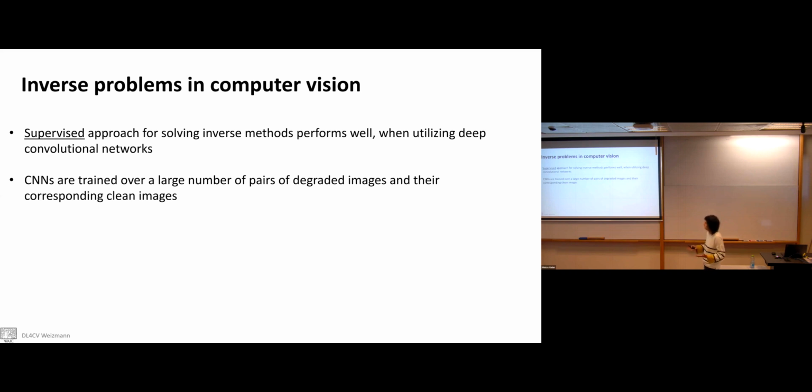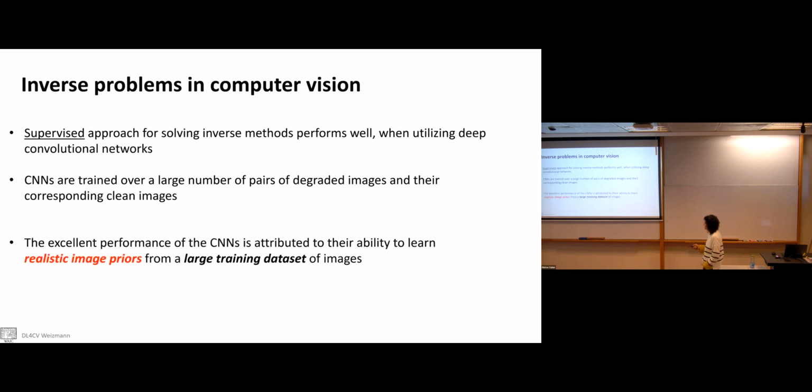You can guess that it's a huge task to collect such training data. The excellent performance of CNNs is attributed to their ability to learn from the training data a realistic image prior that is useful in order to predict the clean image.